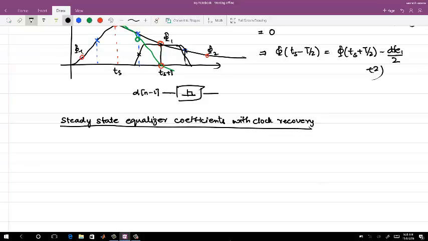Let me just plot it so it becomes a little bit clearer. This is r(t) and I have an equalizer. Now whether this equalizer is in feedback or anything, that is fine. Now this goes to my clock recovery loop.